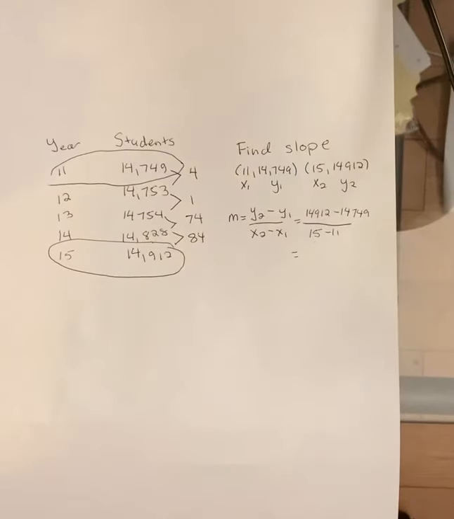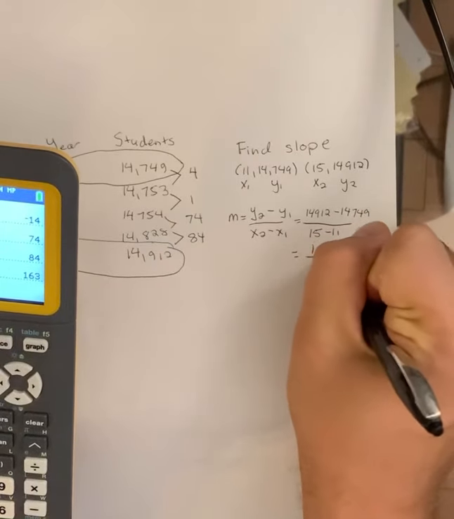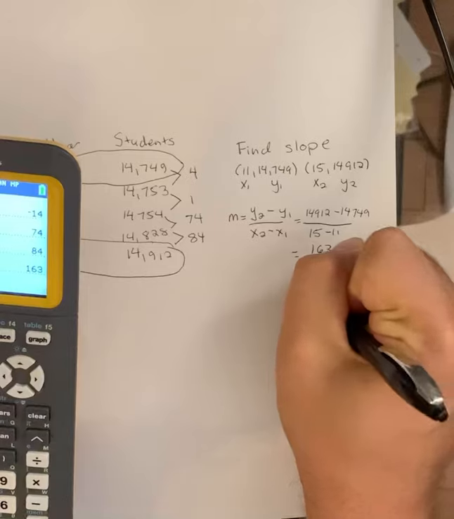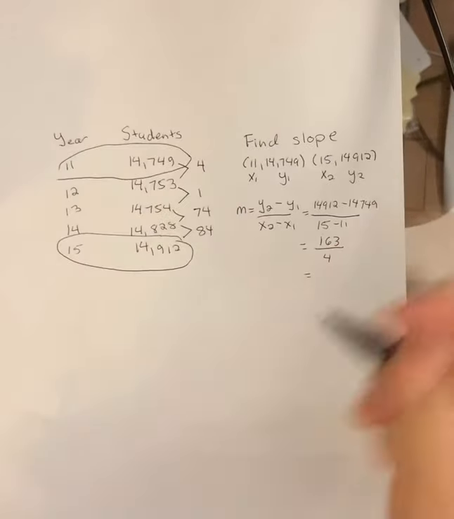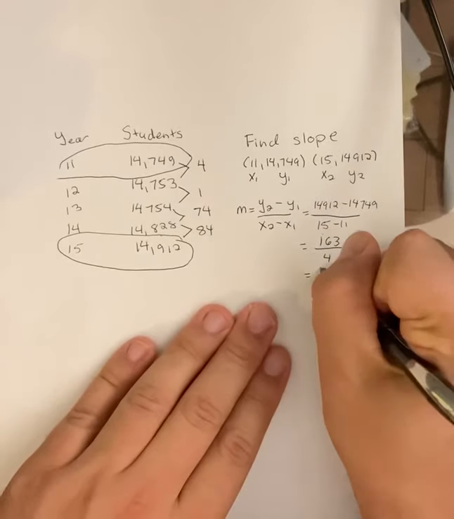So in subtracting that, we have 14,912 minus 14,749, which is 163 over 4. And then dividing that, I get 40.75.